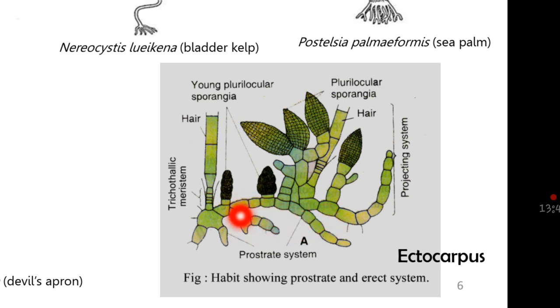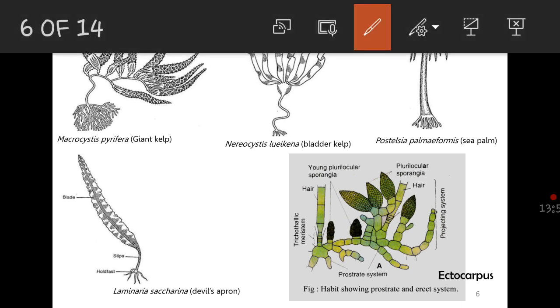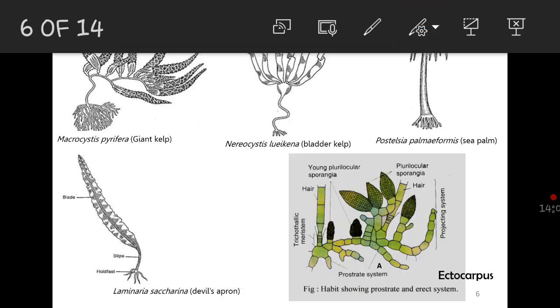This is the prostrate system, this is the upward-growing erect system, also called the projecting system. So in Ectocarpus heterotrichy is there. It is a filament, but what kind of filament, it is heterotrichous. This arrangement is called heterotrichy.